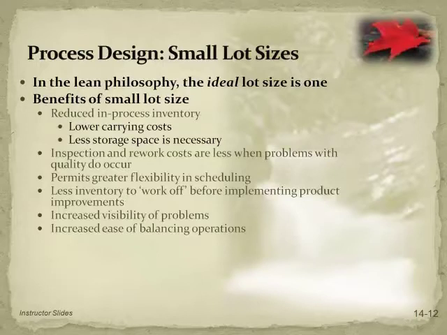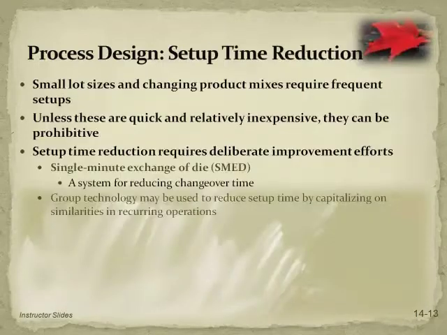It's a lot easier to see things when there's less material around. So if we have a smaller lot size and any particular problems, they are easier to detect from a pure visual point of view.